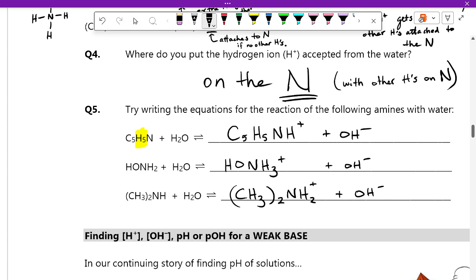That would be like a ring of C, C, C. I'm guessing this is the structure, right? Yeah, that looks right.